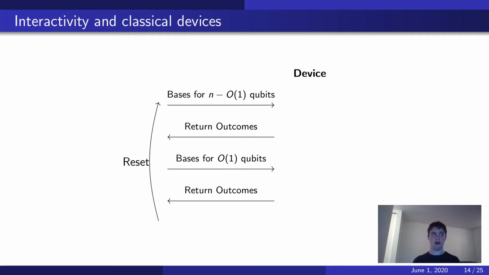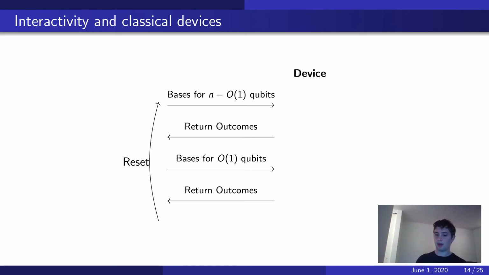If it's, say, a log space machine, then there's the tape contents and the position of the head and all of that. And since it's classical information, we can write it all down. We can make a copy, a backup, a save point in the middle of this interaction. And then we can proceed on. We can, say, ask for X basis measurements on all the qubits, and it'll tell us the answer.